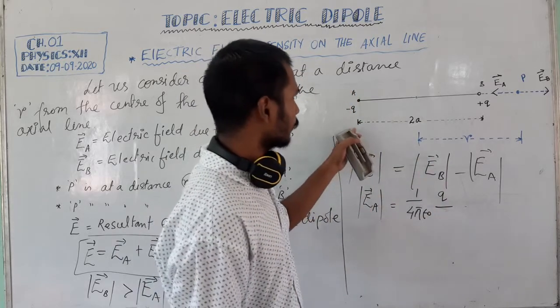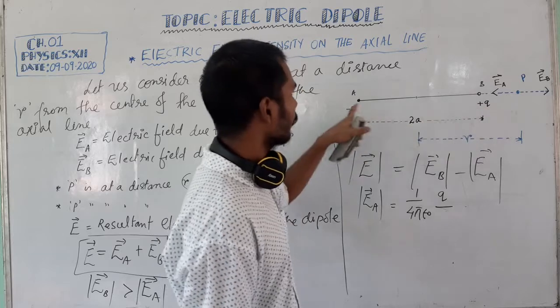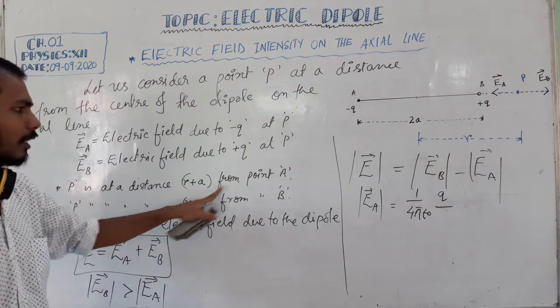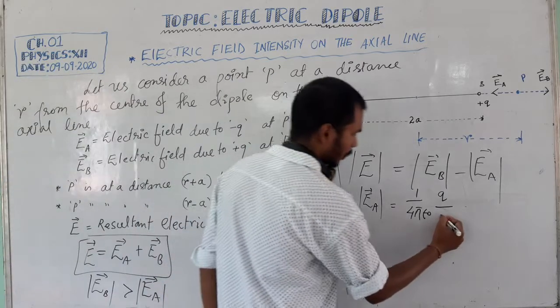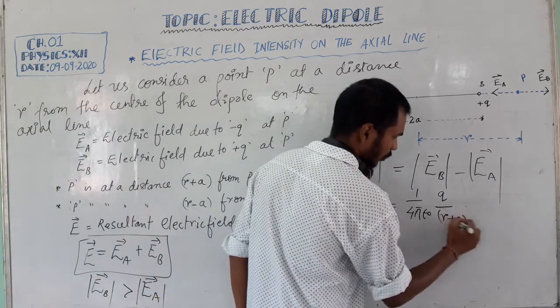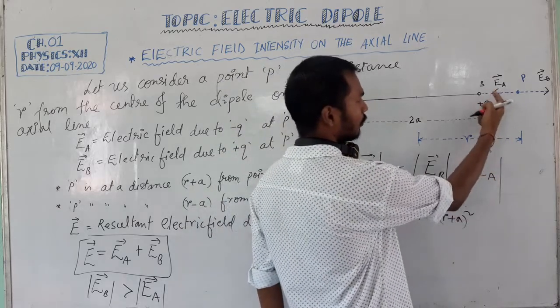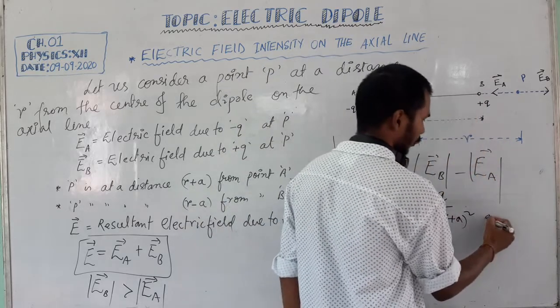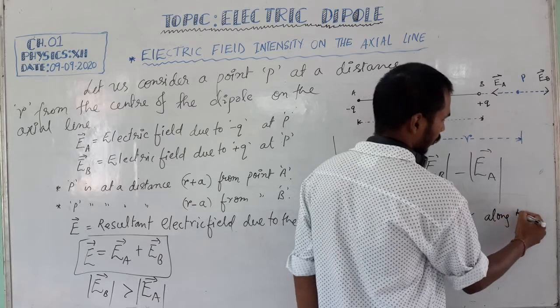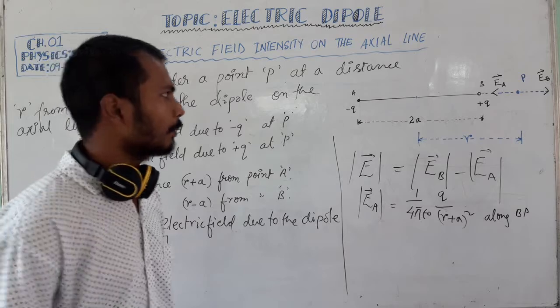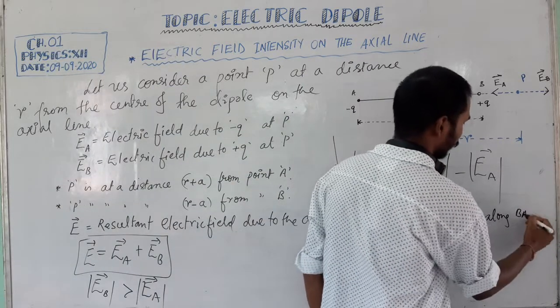What is the distance of point P from A? We have written that P is at a distance r plus a from point A. So write r plus a whole square. And what is the direction of this electric field? Along B to P, BP extended. Oh sorry, actually it is along B to A.